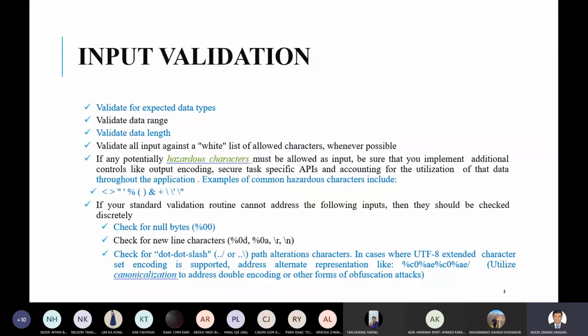This is just for your brainstorming, to know how many other things there are. So for the input validations, we further see that we need to validate what type of data we are receiving. You remember, this is focusing on SQL injection.